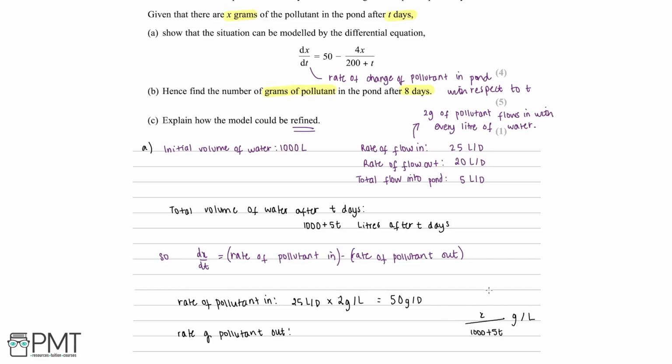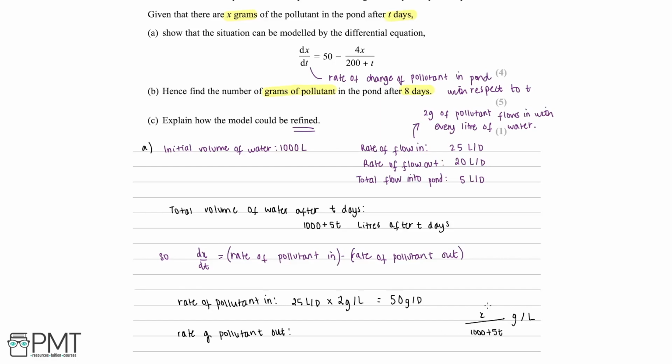This is because the total amount of pollutant in the pond is x grams and the total volume of the pond is 1,000 plus 5t. So every litre of water must have x over 1,000 plus 5t grams of pollutant in the pond.